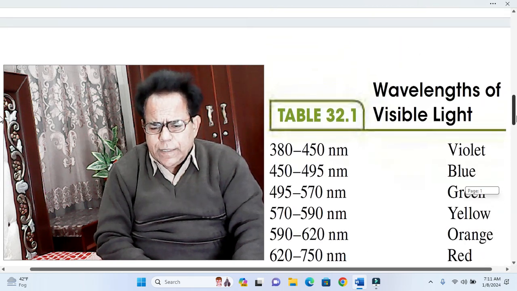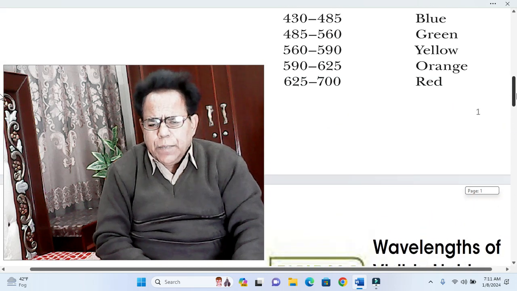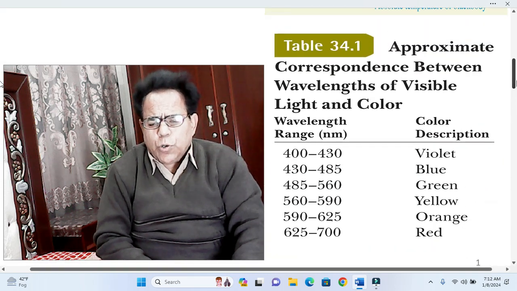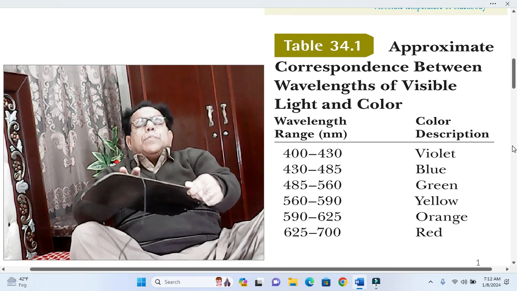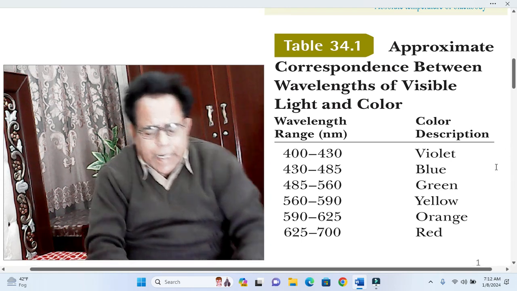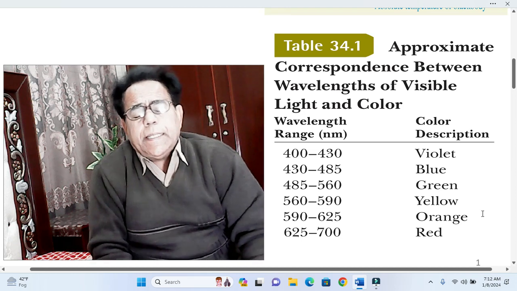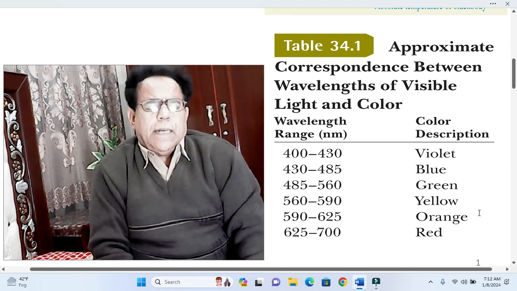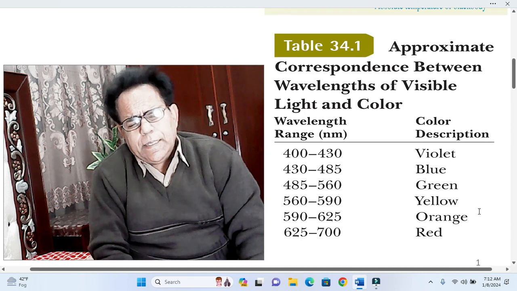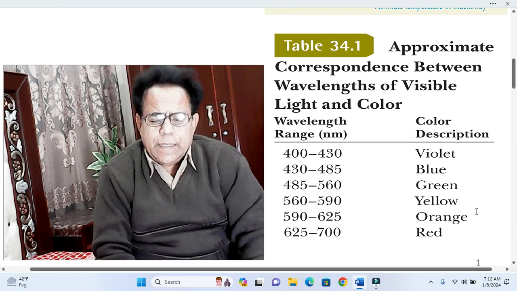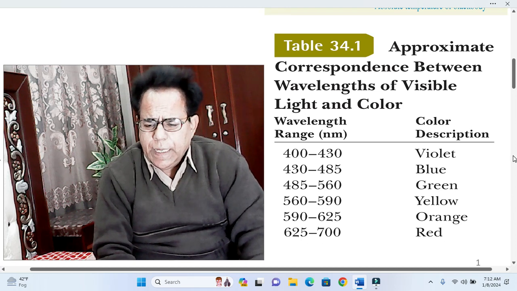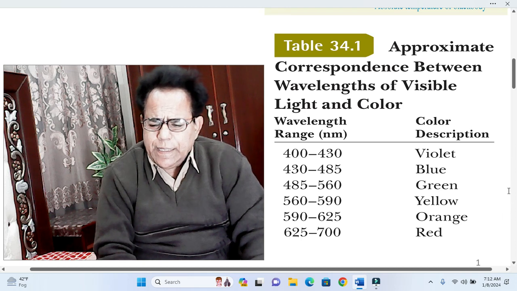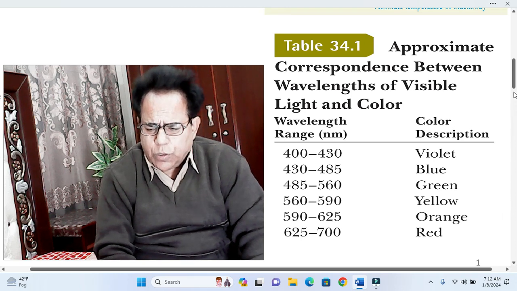Actually, snapshots are three, but snapshot number two and snapshot number three are one and the same thing. They are alternate versions. The only difference is that snapshot number 2 and 3 have been taken from two different books. Otherwise there are only two types of snapshots in this problem.